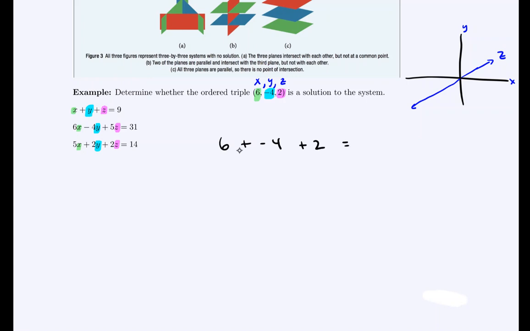Now that would give us 6 plus -2. That would simplify to +2 plus 2. That gives us 4. But what was it supposed to equal? It was supposed to equal 9. Now 4 is not equal to 9. So since there is one false statement, this is untrue.